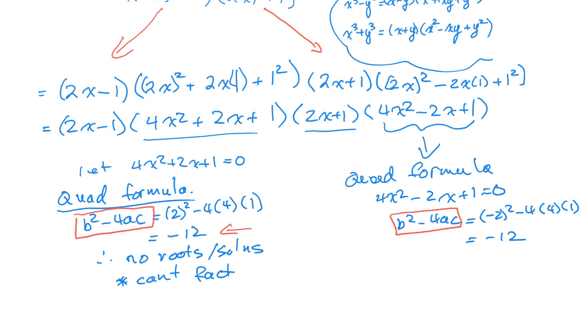If my discriminant is less than 0, therefore there are no real roots, and so there's no solutions for this that we know.